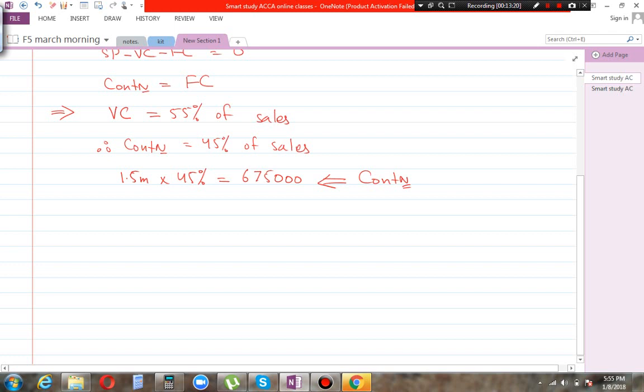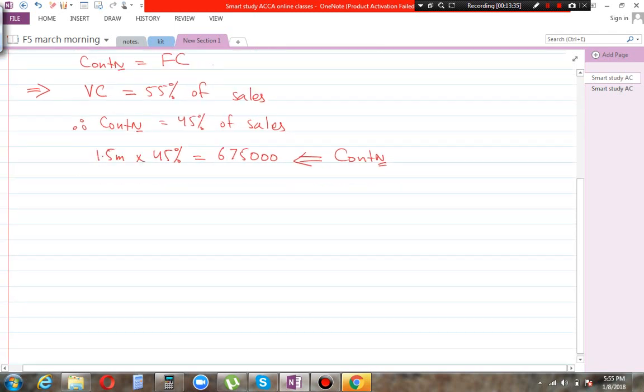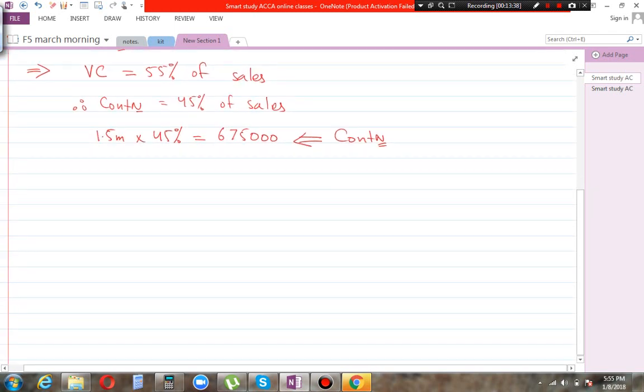If this is the contribution, that should be equal to fixed cost also, because at break-even point contribution is equal to fixed cost, as we have proved here. So contribution is 675,000, and this is the fixed cost also. Therefore fixed cost is equal to 675,000.